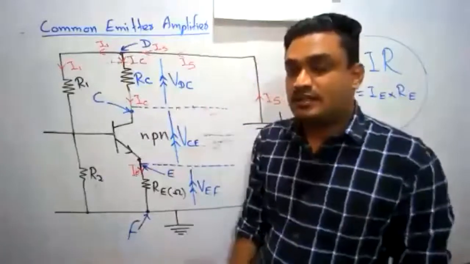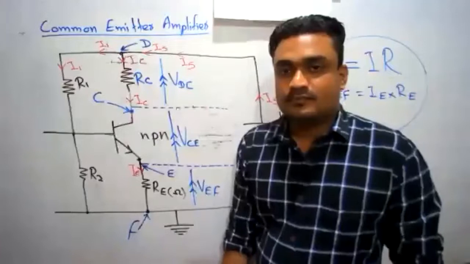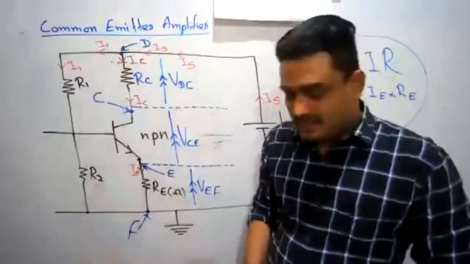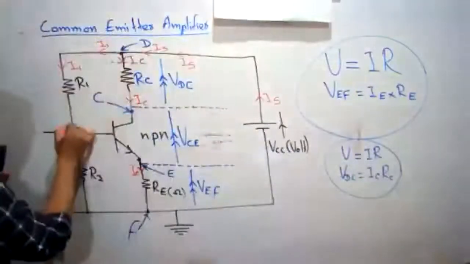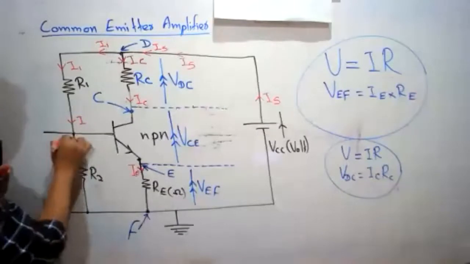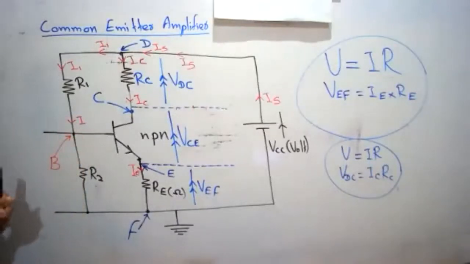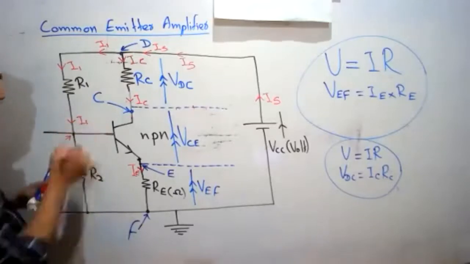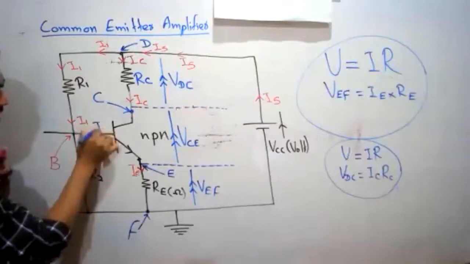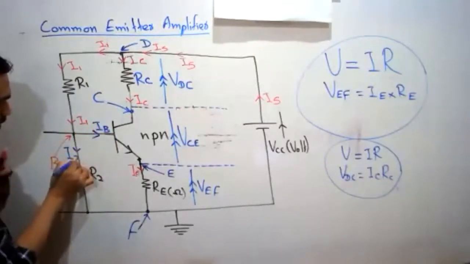What are the two sections, dear? Look at the board and tell me. I1 and IC, sir. Similarly, when I1 reaches this point, let's say this is the point B, it divides into two sections as IB and I2.